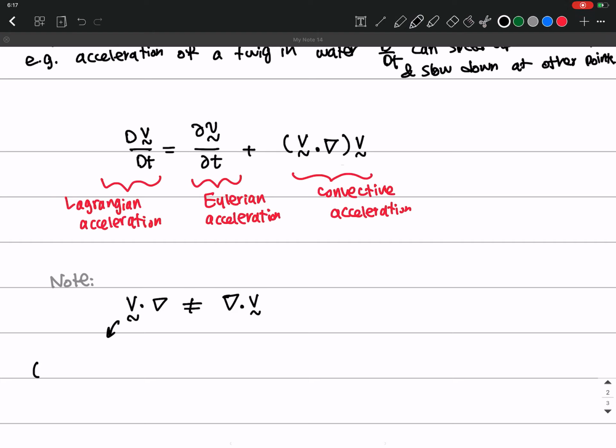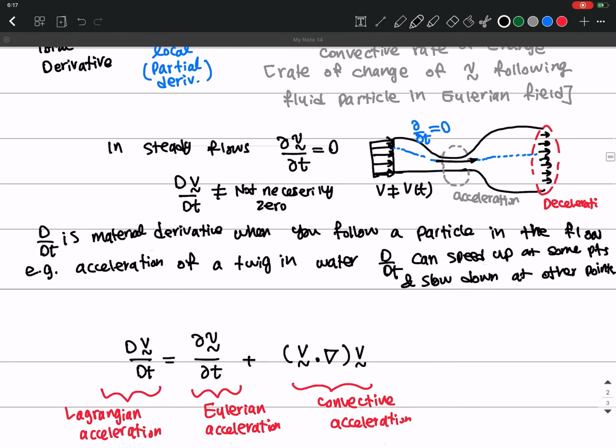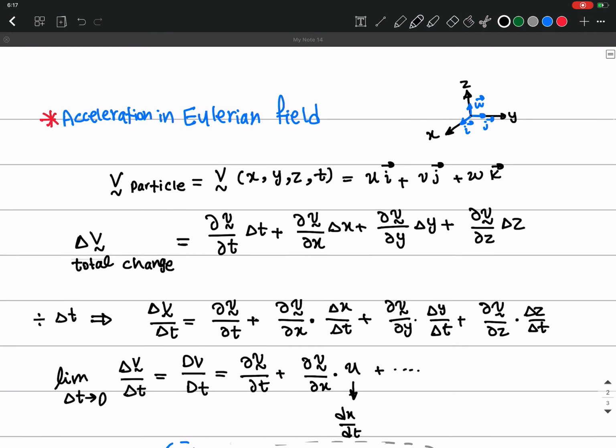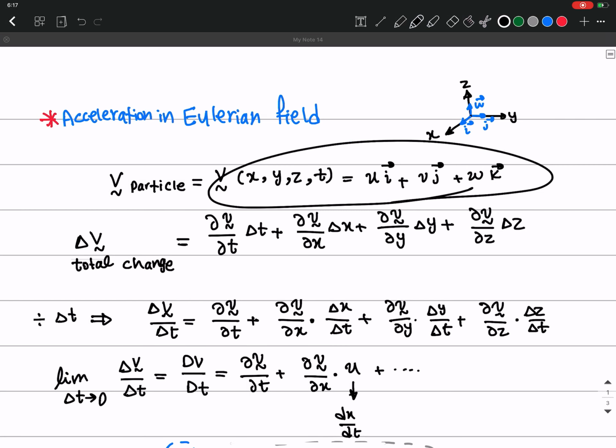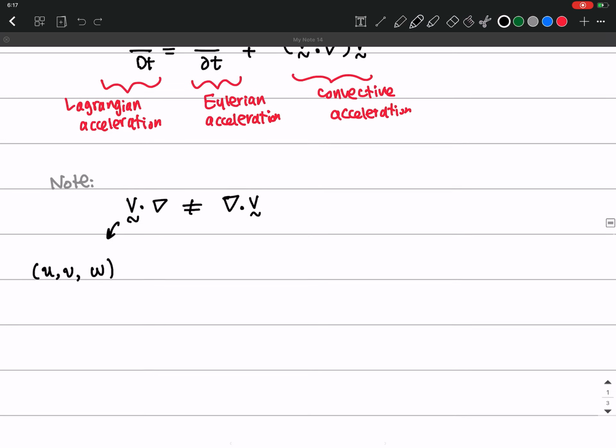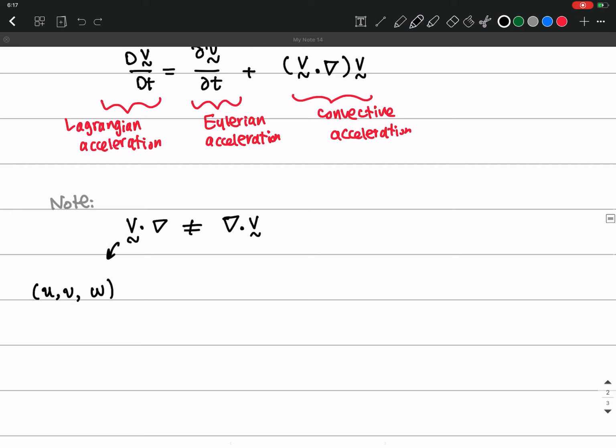So v is a vector, the velocity vector, which has u, v, and w components, right? This is how we define it. And dot means the inner product with grad. So what is grad? It is partial over partial x, partial over partial y, and partial over partial z.